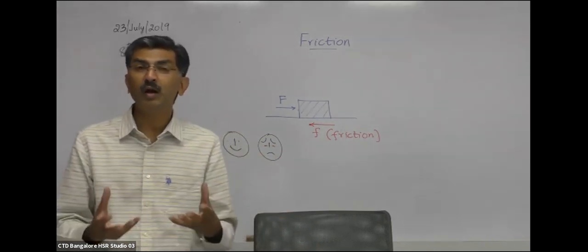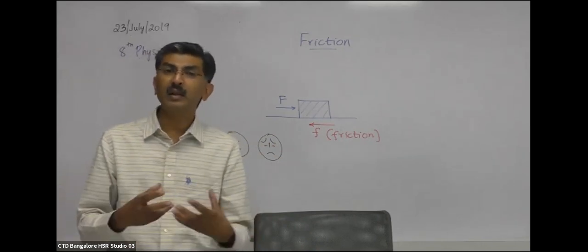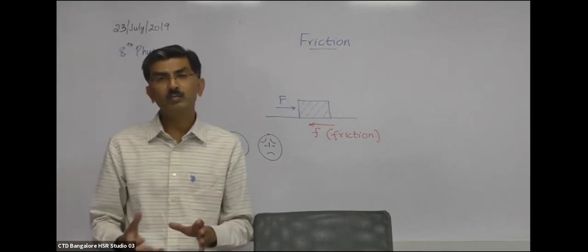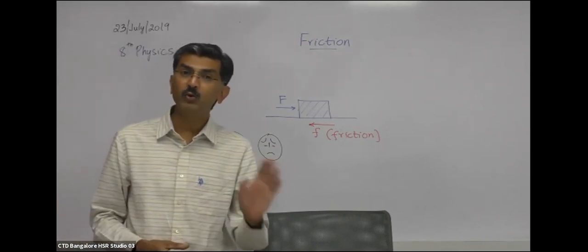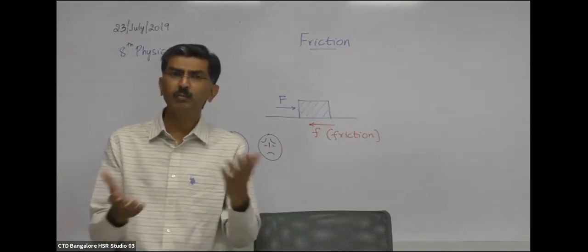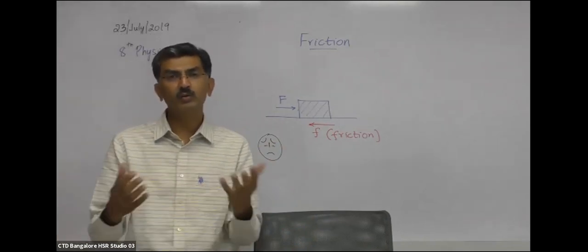But machines have moving parts. So there are moving parts and there is friction between the moving parts. When there is friction between the moving parts, I told you earlier, friction causes heat. A simple demonstration of that is this: friction causes heat.